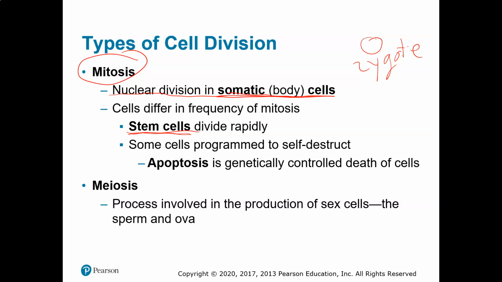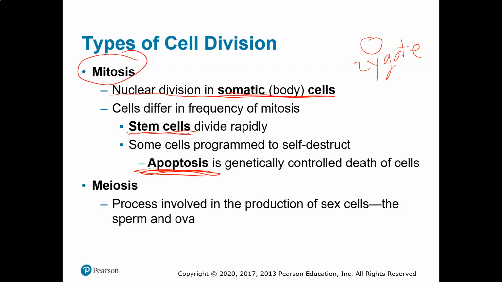So some of them are differentiated. In other words, they'll only divide and produce certain types of cells. Some cells are programmed to self-destruct. For example, when the embryo of a human is at a very early stage, it has webbing between its fingers and toes.